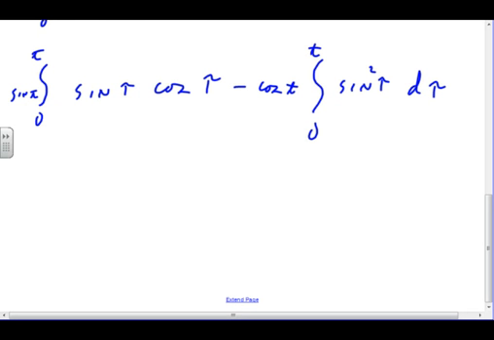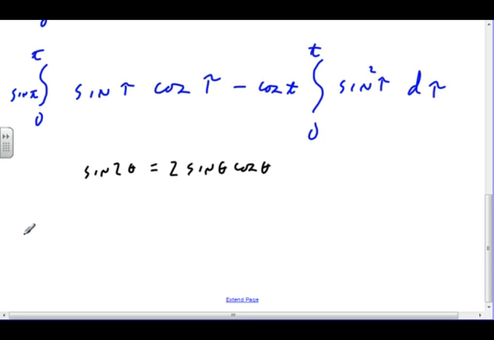Now, I remember from my trig class that the sine of 2 theta is 2 sine theta cosine theta. Is that what I remember? Am I remembering that right?